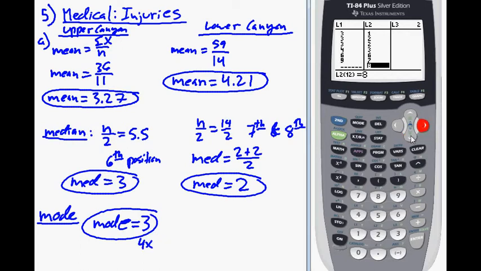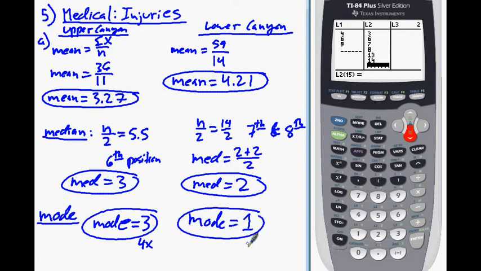Over in the Lower Canyon, start at the top. 2 0s, alright, 4 1s. Looks like mode is 1. And that happened 4 times.